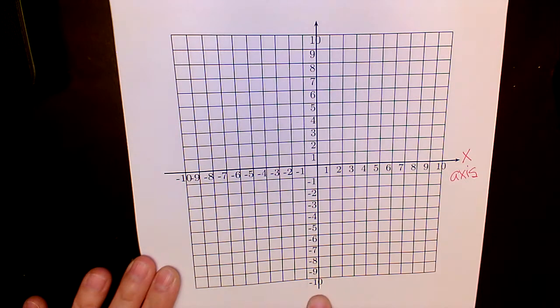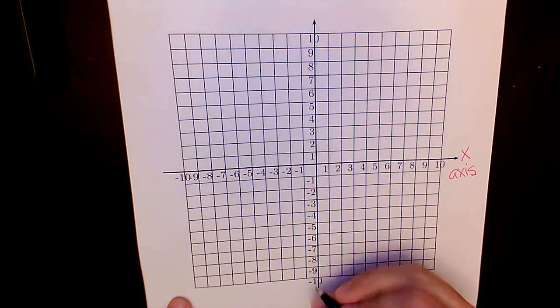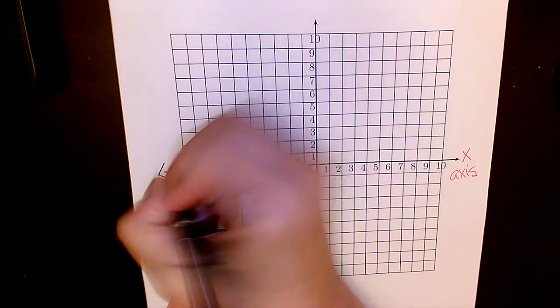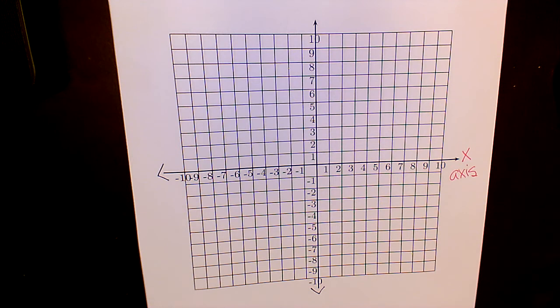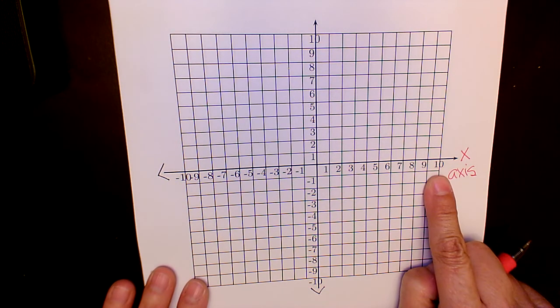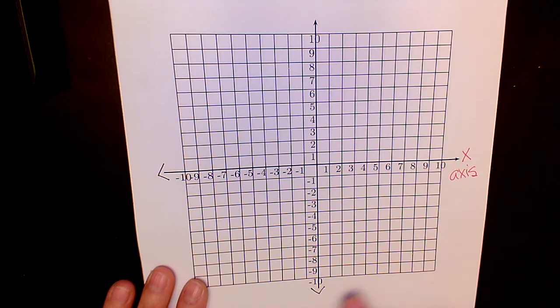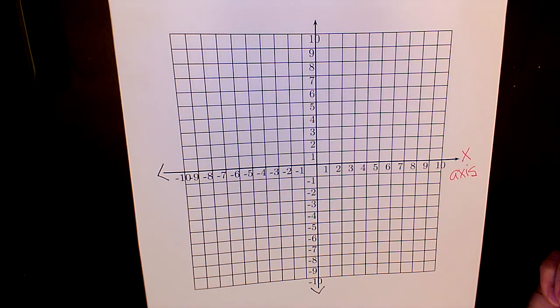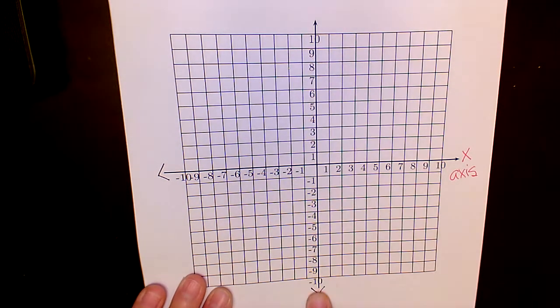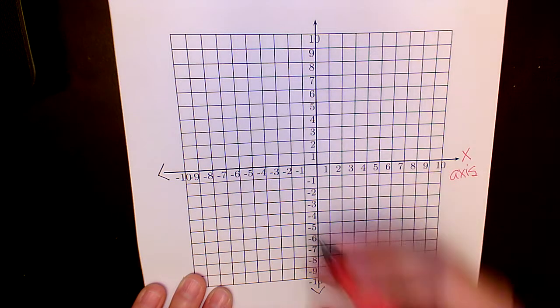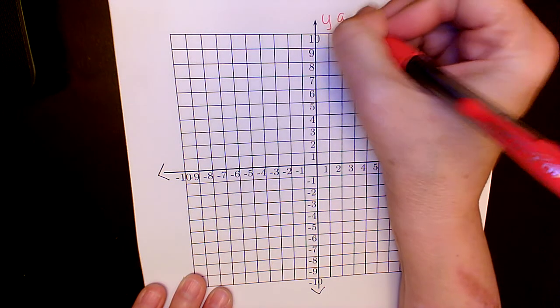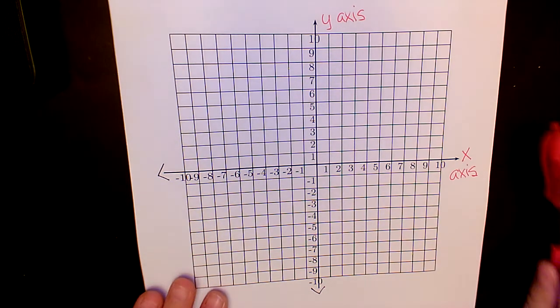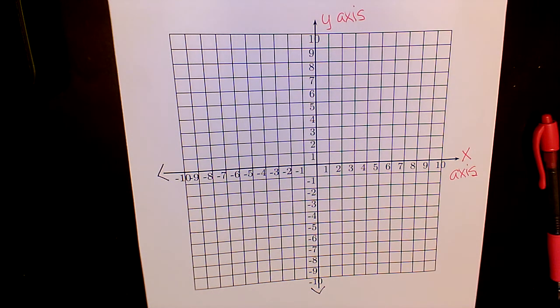Going up and down, or north and south, is called the y-axis. These should go on forever. It doesn't show, but this doesn't stop at 10, it goes on and on forever. Each of these pieces of the line goes on forever.